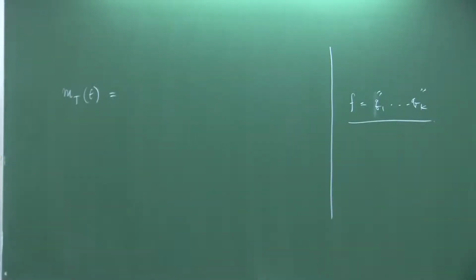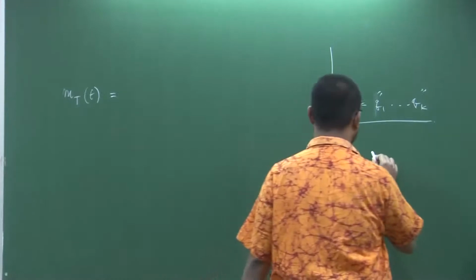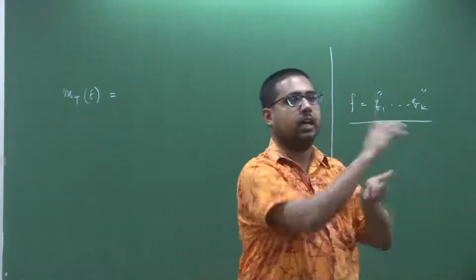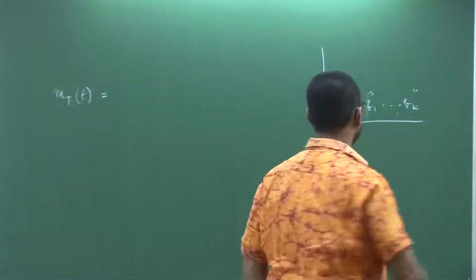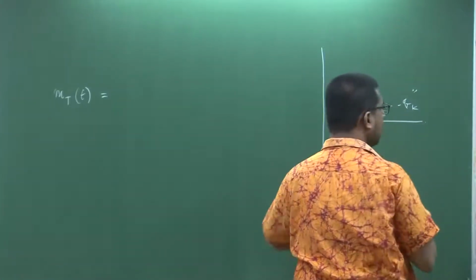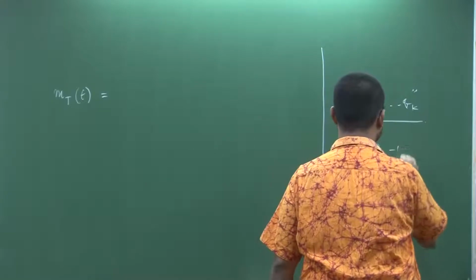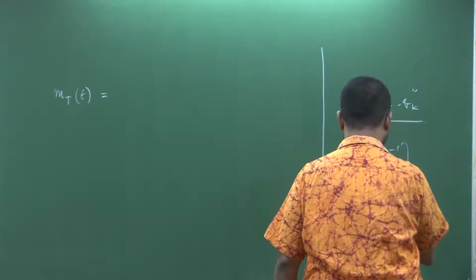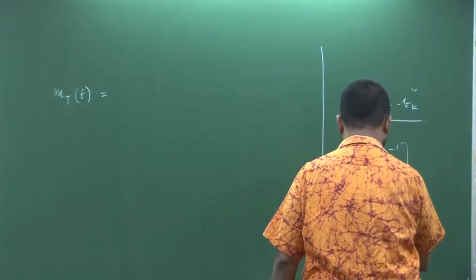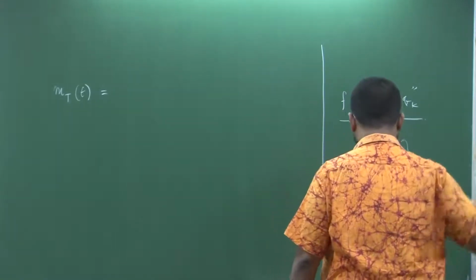For example, let me give you this example: rotation in the anti-clockwise direction by 90 degrees. So, the matrix looks like this: E1 goes to E2 and E2 goes to minus E1. So, A squared becomes minus identity, therefore the minimal polynomial is this.